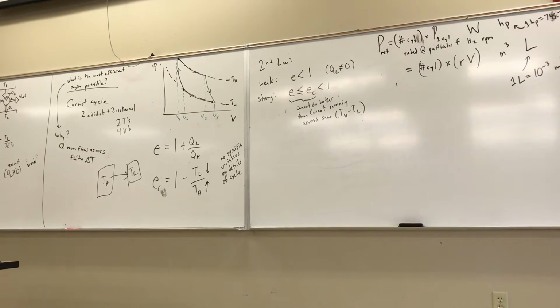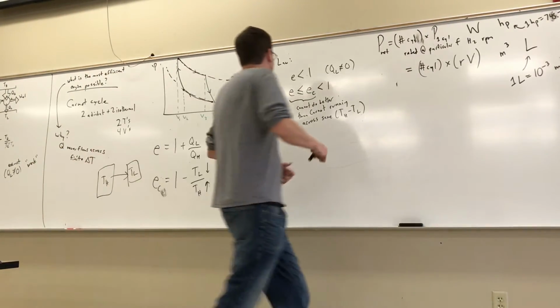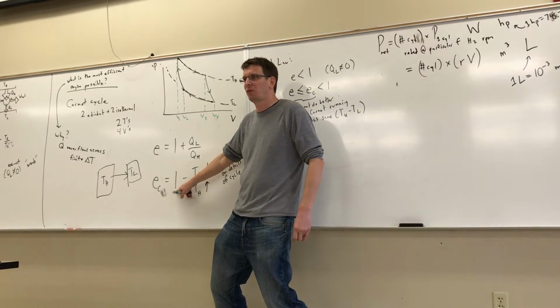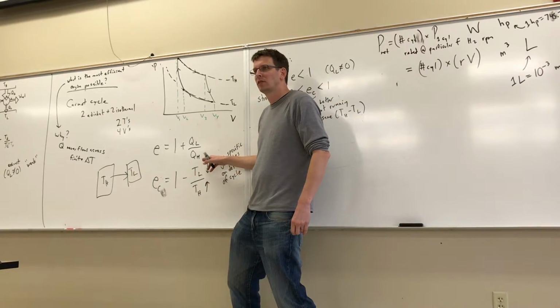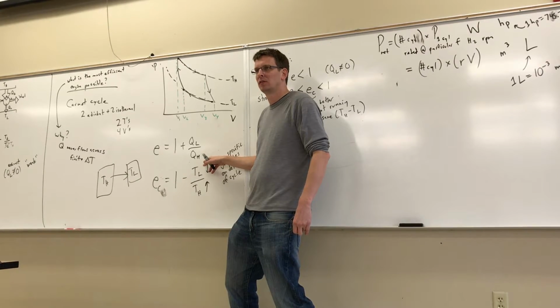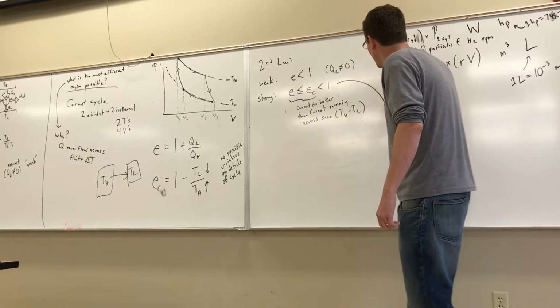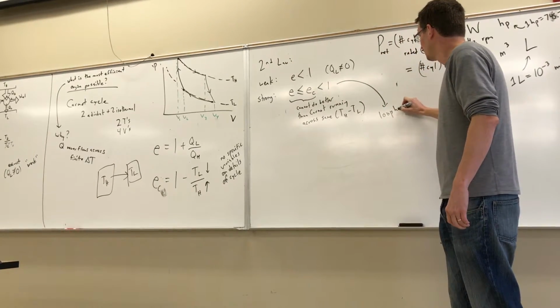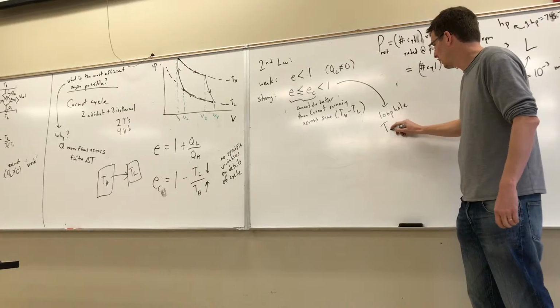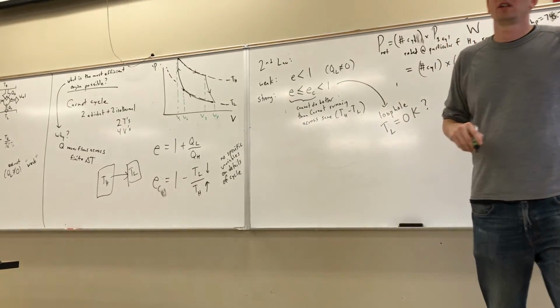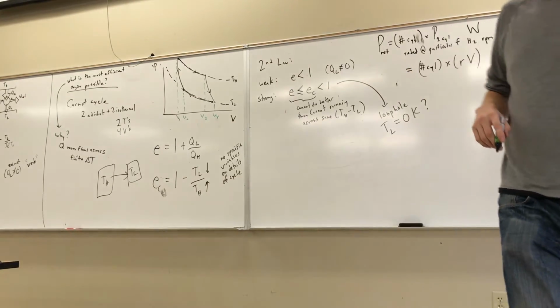So, a couple things about this. You might point out that you can get this efficiency to be 1 if what is true? If TL is equal to 0. That's right. So there seems to be a loophole here. What about if TL is 0? What if you run the low temperature at 0 Kelvin?